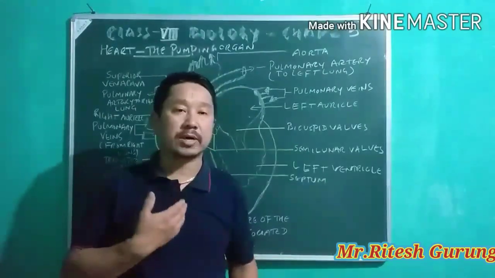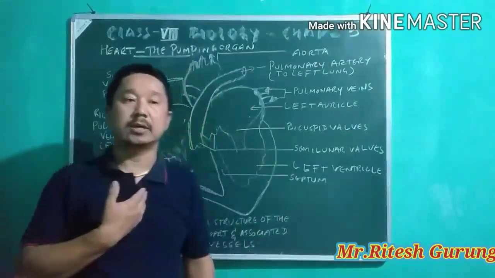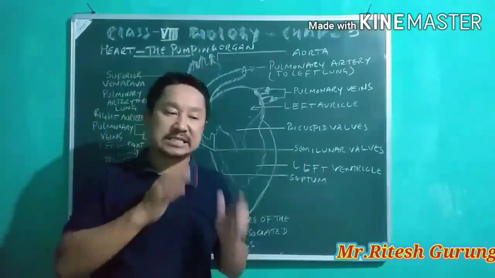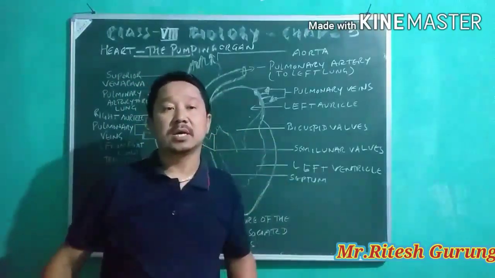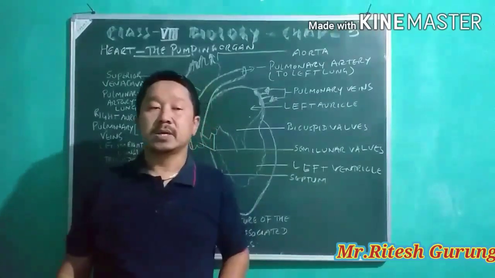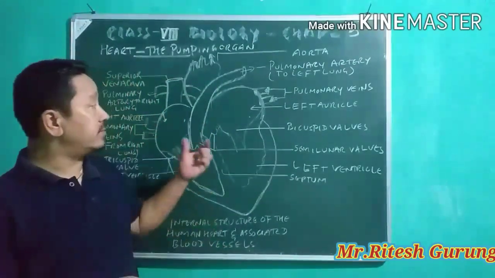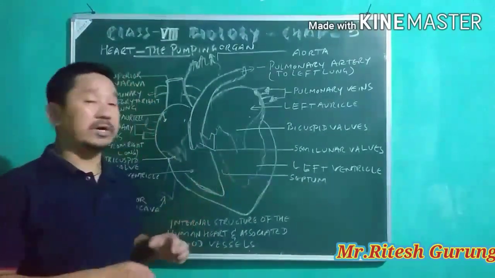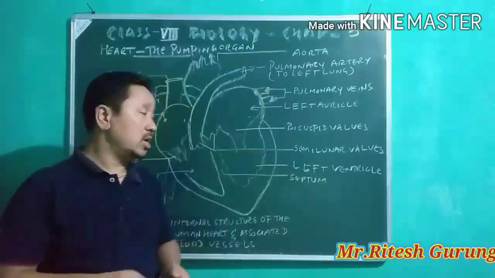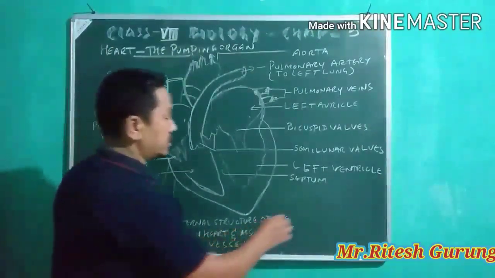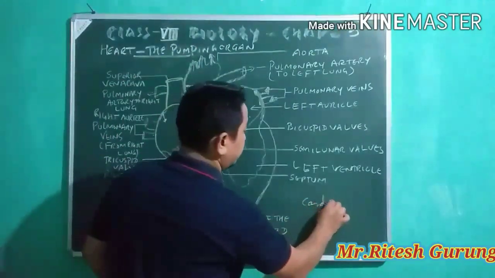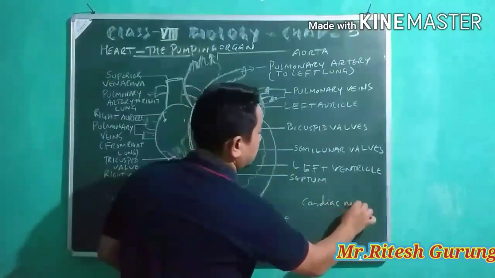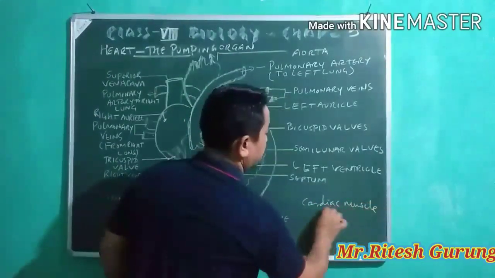It is mainly located in the center of our chest cavity, slightly tilted towards the left. It is mainly made up of a special type of muscle called cardiac muscle.